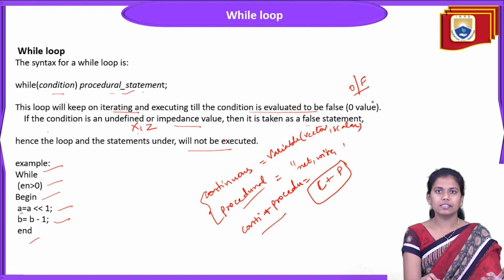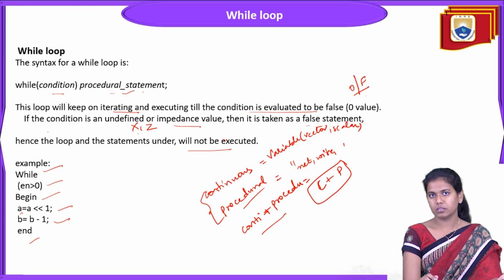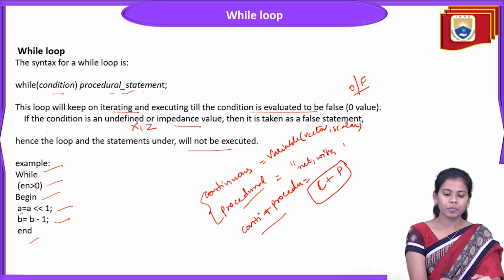So until and unless the condition is found to be 0 or false, the while loop will keep getting executed and execute the statement that follows it. So here, while enable greater than 0, it will execute this statement, a less than or equals to 1 and a is equals to 1.